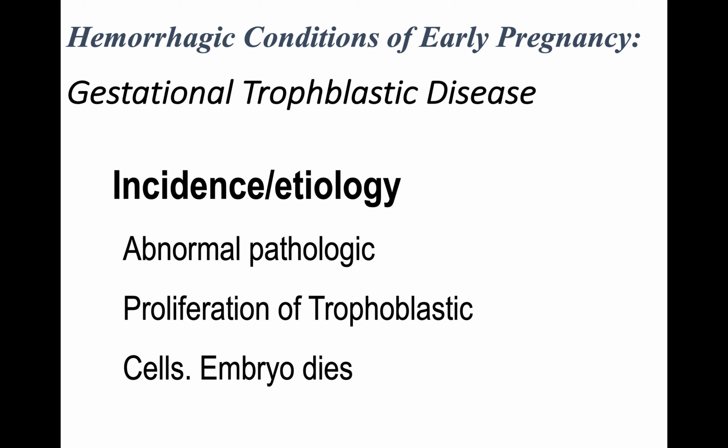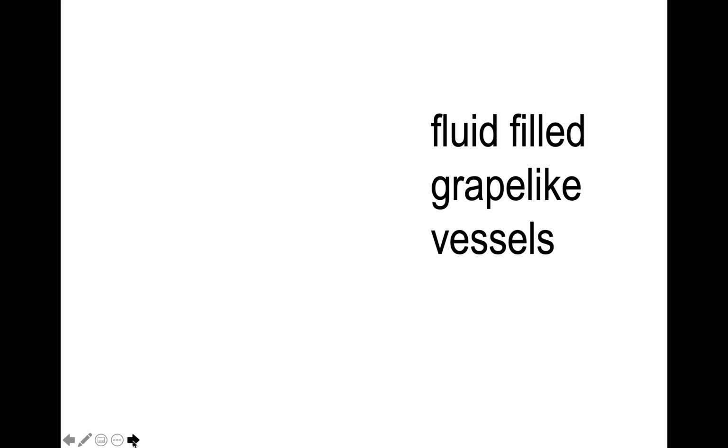They don't do what they're supposed to do, and it includes a partial or complete hydatidiform mole, invasive mole, and/or a cancerous choriocarcinoma. And there it is, proliferation of the trophoblastic cells I just explained to you, and the embryo dies because of this. They're like the blasts of leukemia. They're the ones that are proliferating. They're not supposed to be at the rate that they are. And so the embryo dies.